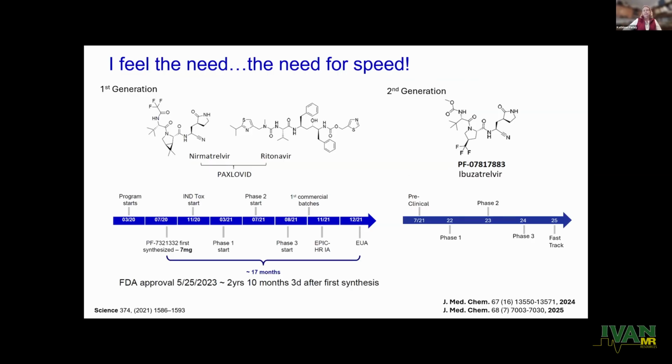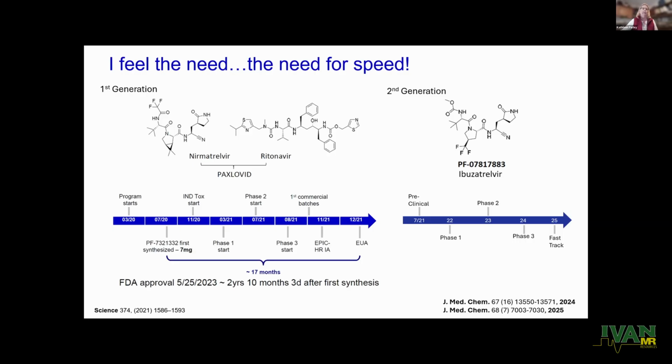I think sometimes it helps, for those of you who were not paying attention to this literature or didn't have a project internally, to show you what compounds we brought into the clinic. The first one is this compound here on the left that looks very peptidic, and it's part of Paxlovid, a marketed product that came out in 2021.